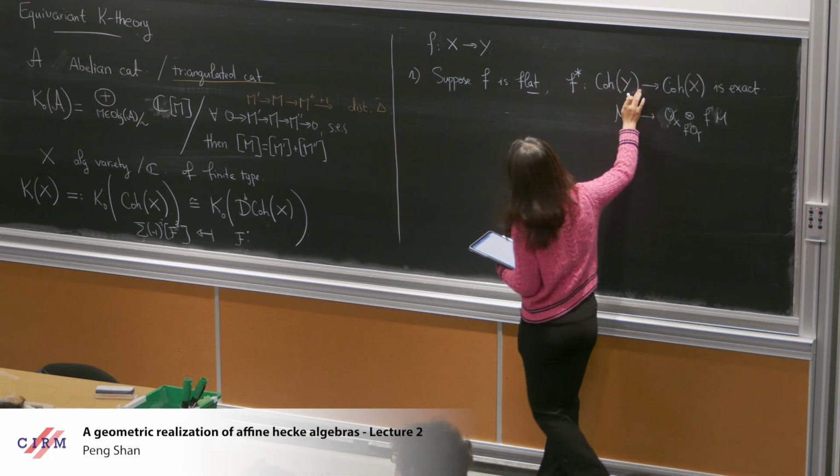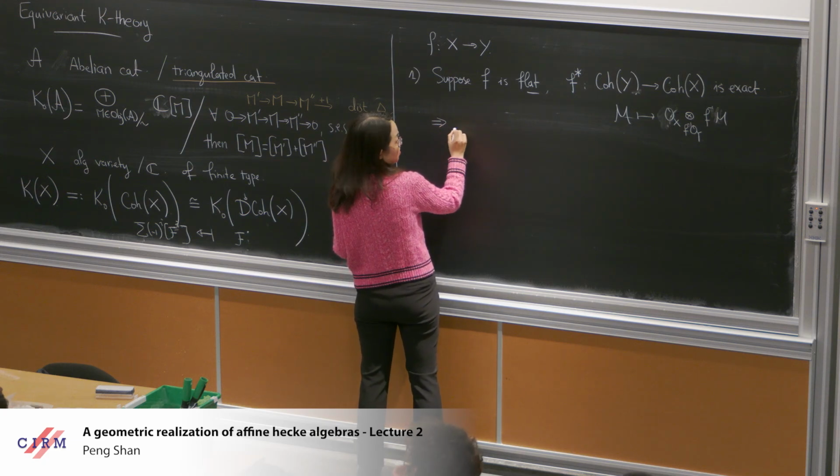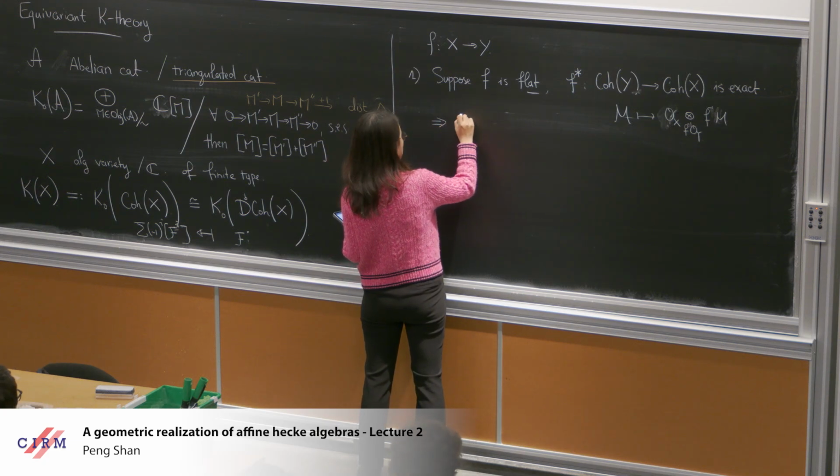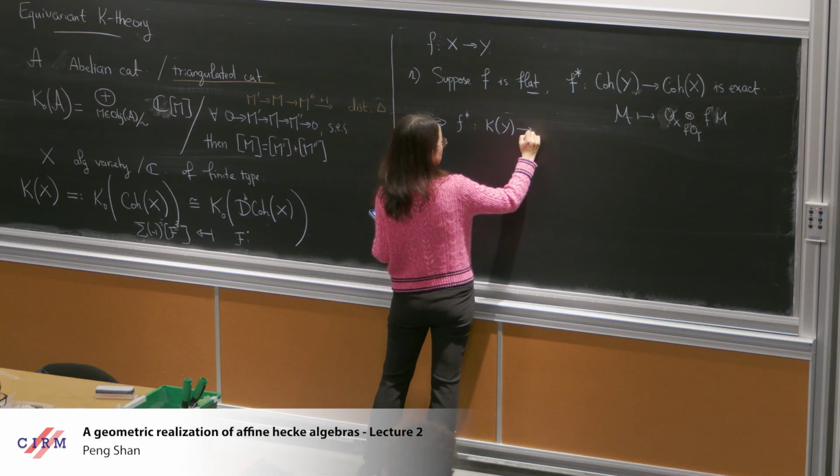Since it's exact, it sends short exact sequences to short exact sequences, so it induces a map among the K groups, which we will still denote by f upper star.